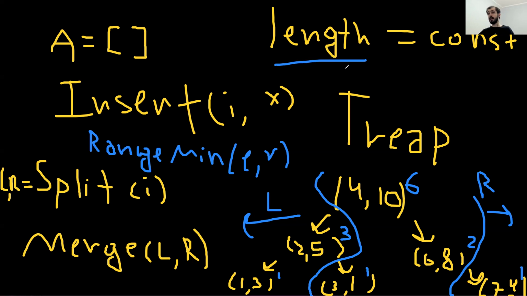When length is variable, then you definitely need trips. And trips are not as complicated, I believe, as segment trees. Segment trees are also not always complicated now that I think about it, but neither of them is in STL.